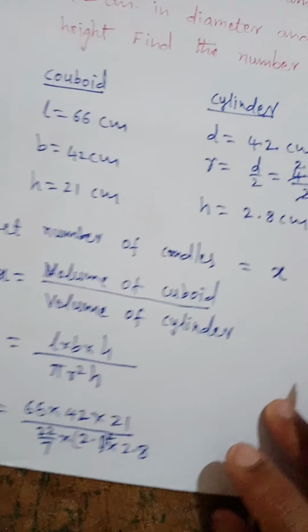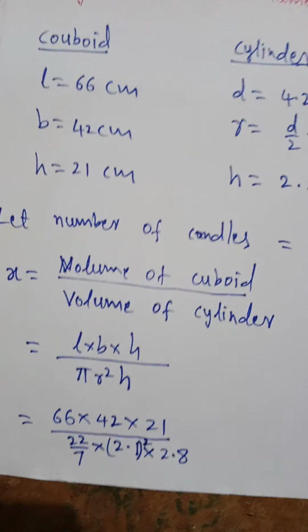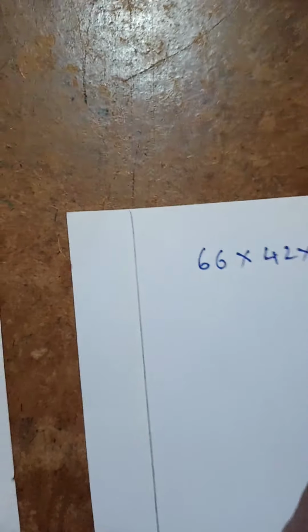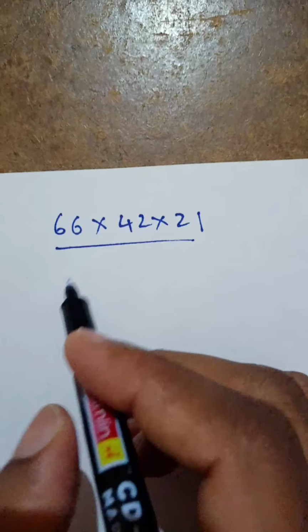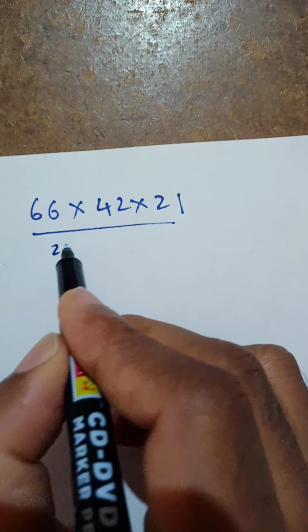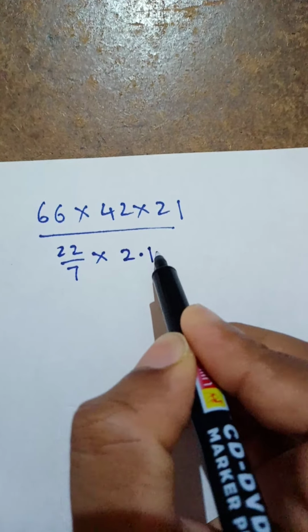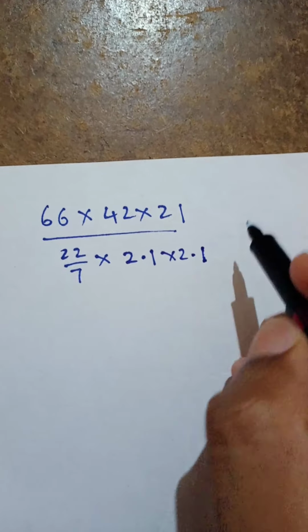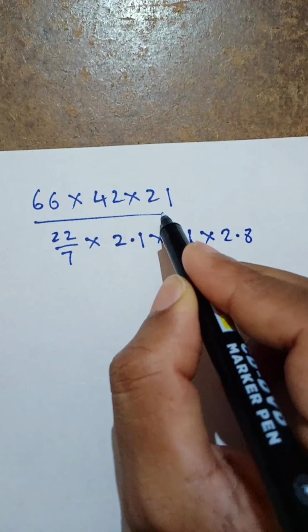So now you write it here, what they gave. 66 into 42 into 21, divided by 22 by 7 into 2.1 whole square, that means 2.1 into 2.1 into 2.8, you write it.